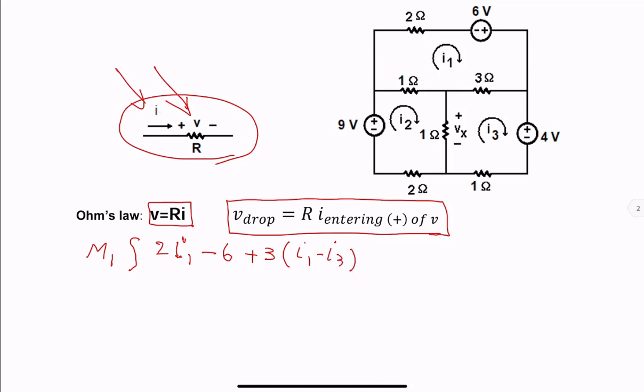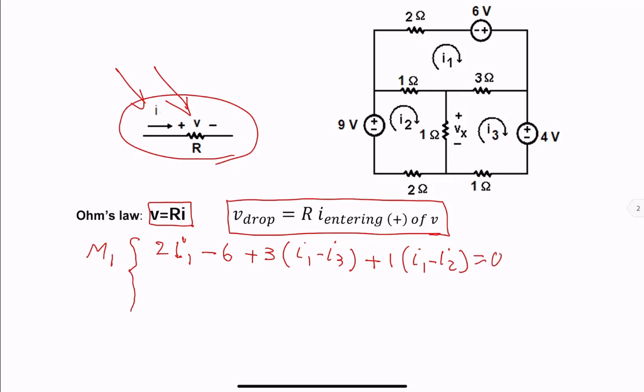And finally, we look at the 1 ohm resistor. Current moving in the branch from right to left is in the direction of I1, opposite direction to I2. So it's I1 minus I2 equal to 0.